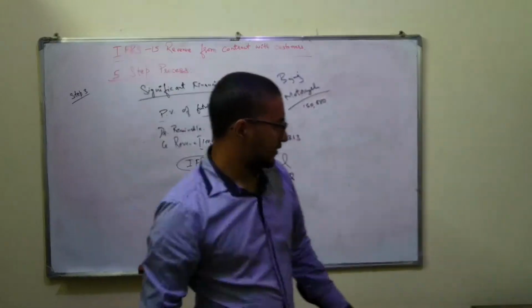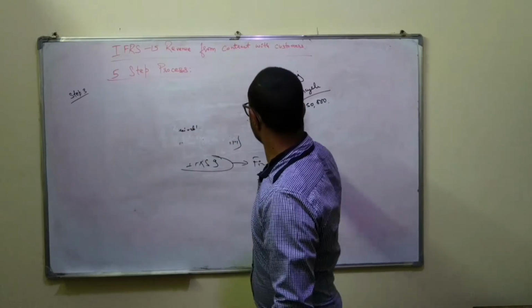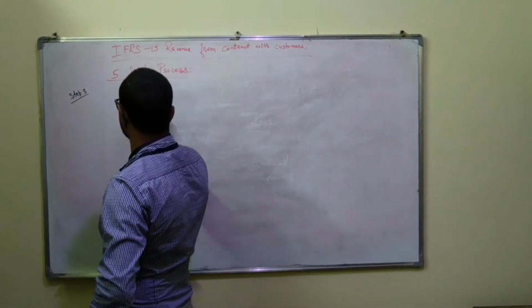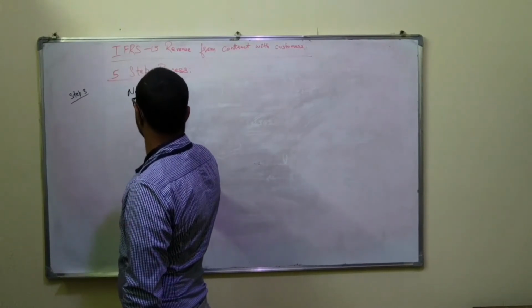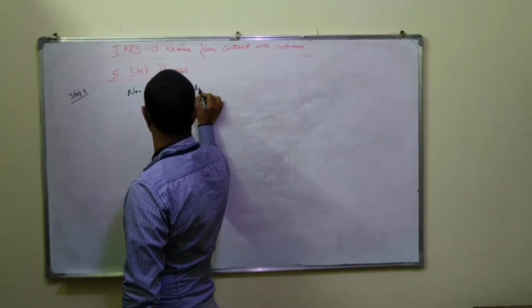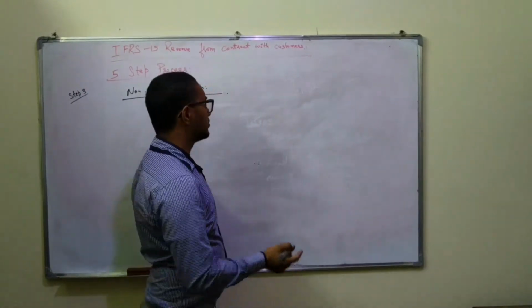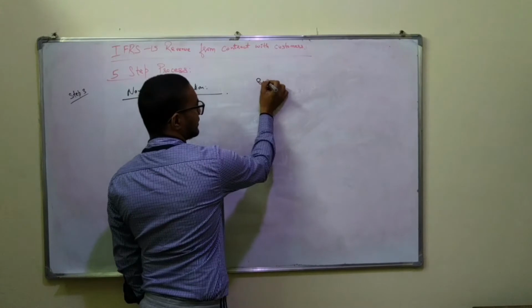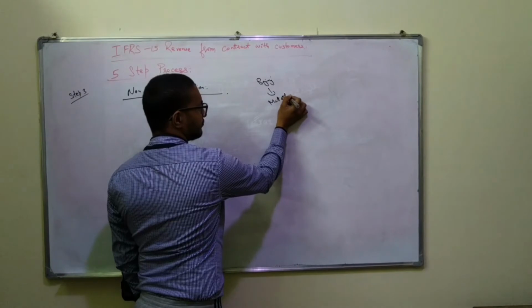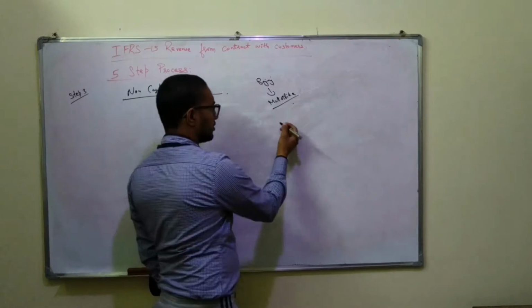And then the other thing that you have to be careful about is non-cash consideration. So non-cash consideration is that suppose Bajaj sells a motorbike for, let's say, 150,000.